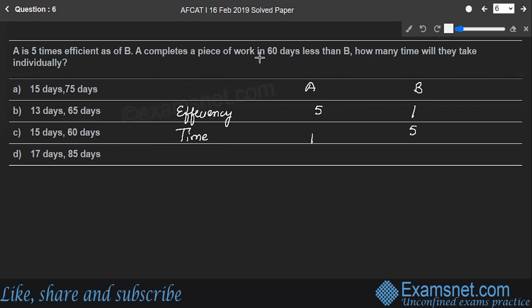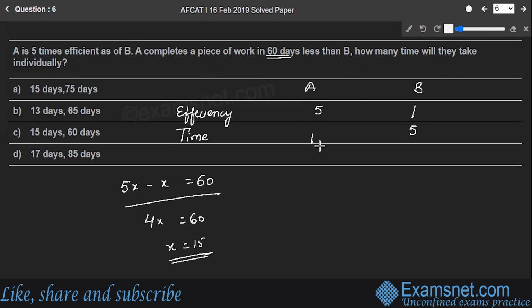It is said in the question, A completes a piece of work in 60 days less than B. So if I take this as 5x minus x, this is equal to 60. So he's taking 60 days less. That means 4x is equal to 60, or x comes out to be 15.